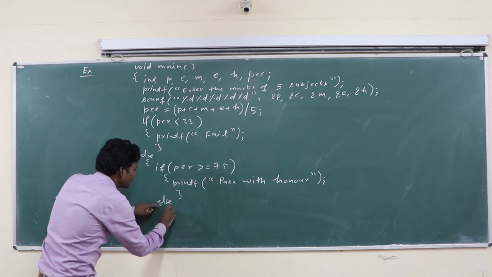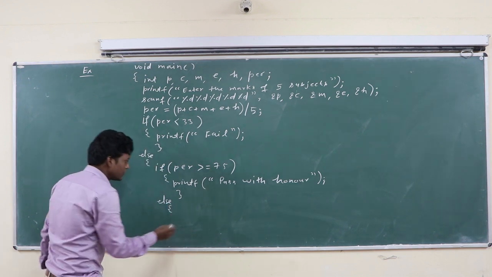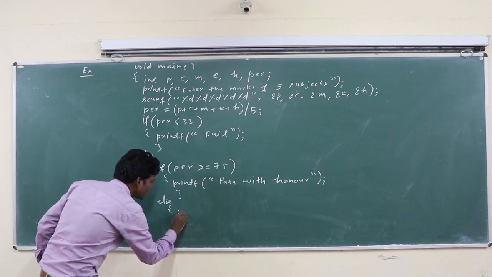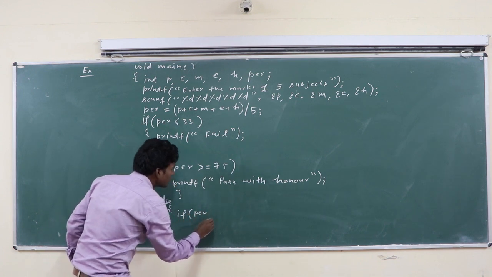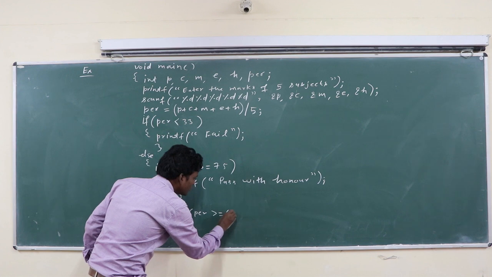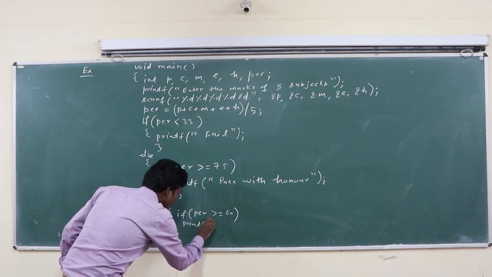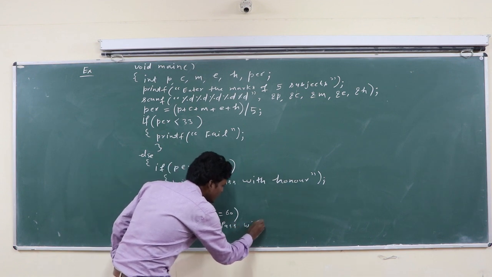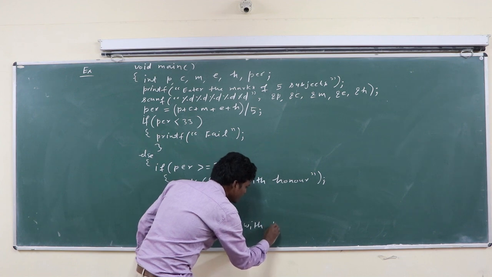Else if per is greater than or equal to 60, here printf pass with first division. Pass with first division.